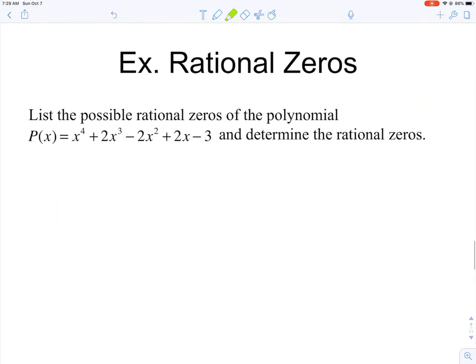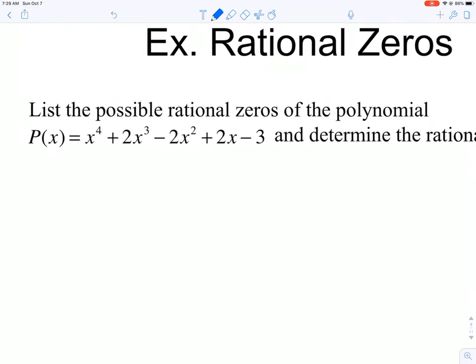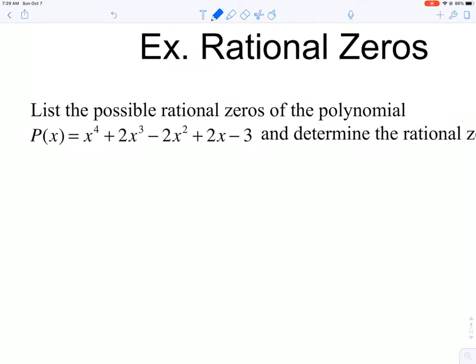So let's get into an example. So if we want to list all of the possible rational zeros, this does not include irrational zeros, this is only rational zeros. In this case, it would be plus or minus.